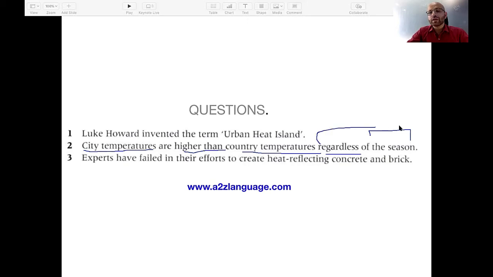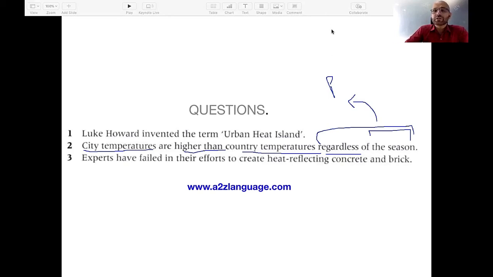You may not find the same words there. You may find a paraphrasing of these phrases. Paraphrasing is another key skill that you have to understand. Paraphrasing means that the idea is the same, but the words used are different. So, city temperatures are higher than country temperatures regardless of the season.